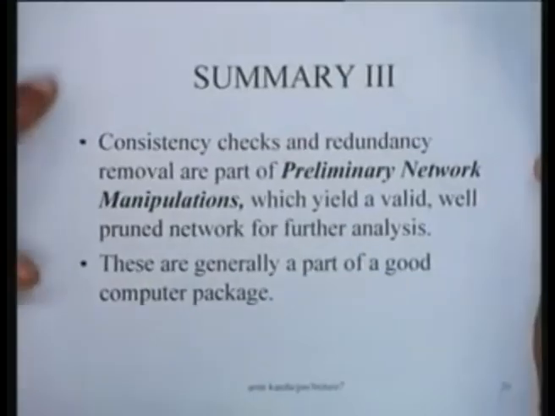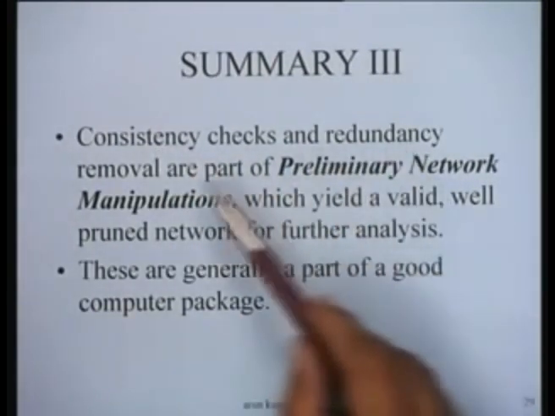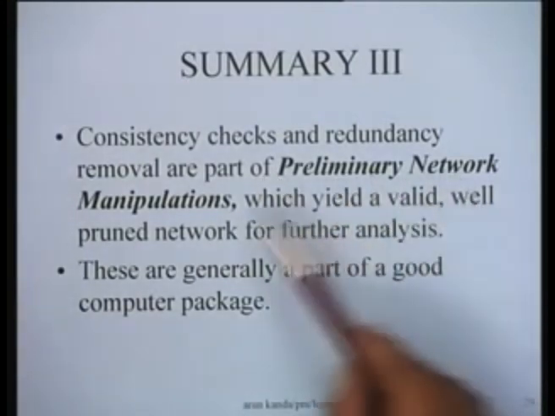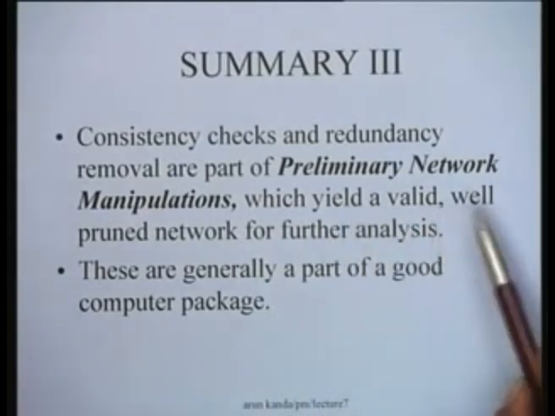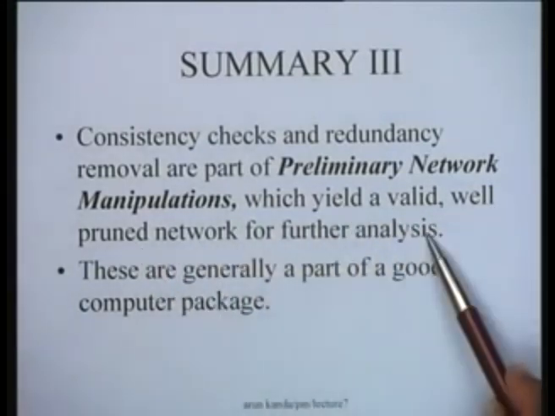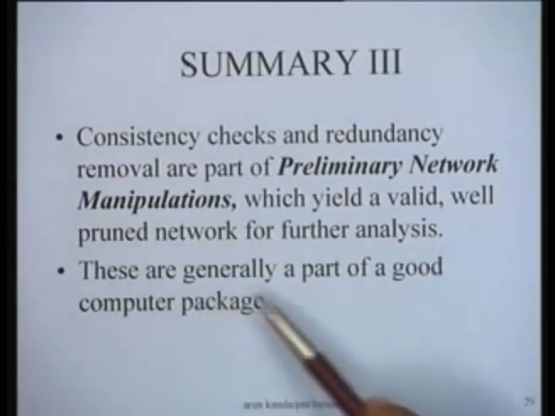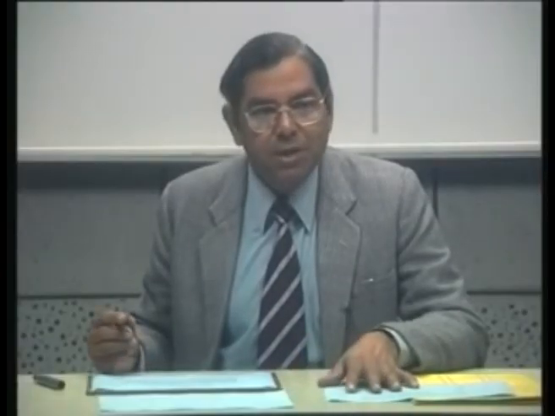And finally, we have seen that consistency checks and redundancy removal are basically a part of what we call preliminary network manipulations, which yield a valid, well-pruned network for further analysis. And these are generally a part of a good computer package. They would be necessary for developing a good project network for subsequent analysis.